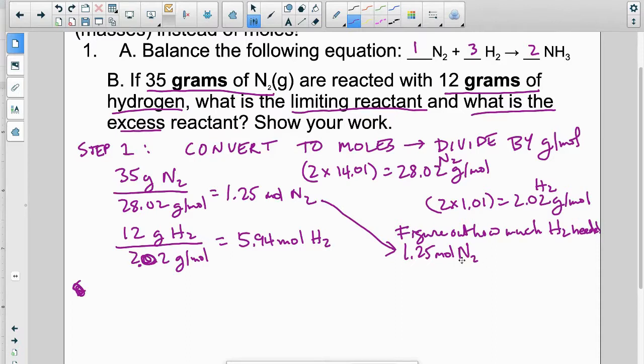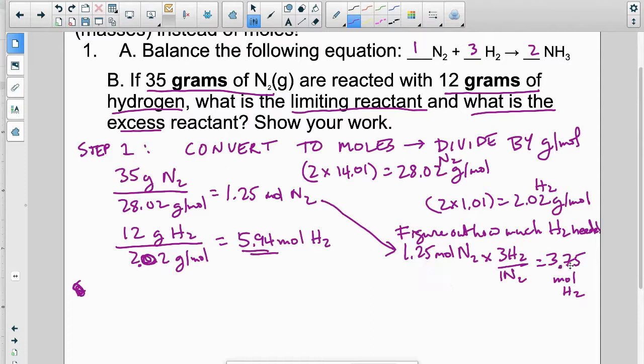So I'm going to multiply this by my ratio, 3 H2 over 1 N2. I'm going to get 3 times as much, that would be 3.75 moles of H2. I compare over here. Well, look at that. I've got plenty of H2.